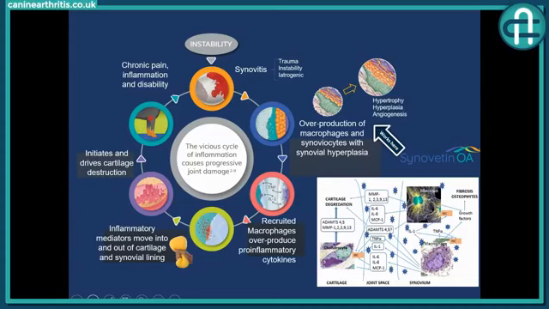Now we go to the 6 o'clock position down there where you see that hand squeezing the sponge. Now, what's happening here is that these inflammatory mediators are moving in and out of those tissue types, the tissue types being the synovial lining and the cartilage. And so when you weight bear, you or the dog, you're putting pressure on this joint. So you're forcing all these inflammatory mediators from that synovial fluid into the tissue of the synovial lining and into the cartilage.